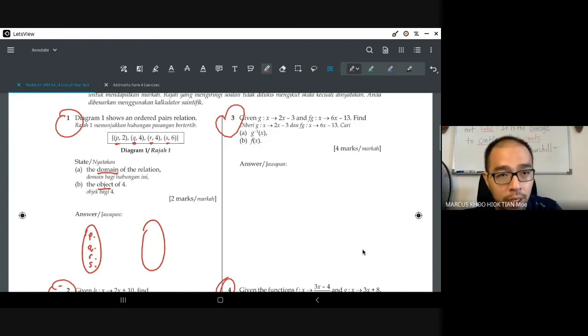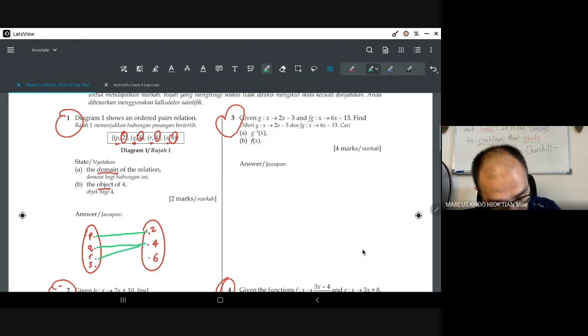And then on the right-hand side, 2, 4, and 6. Then after that we pair them up. So P goes to 2, Q goes to 4, R also goes to 4, and S goes to 6.